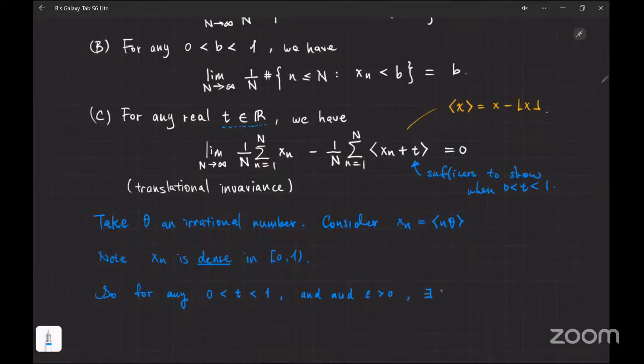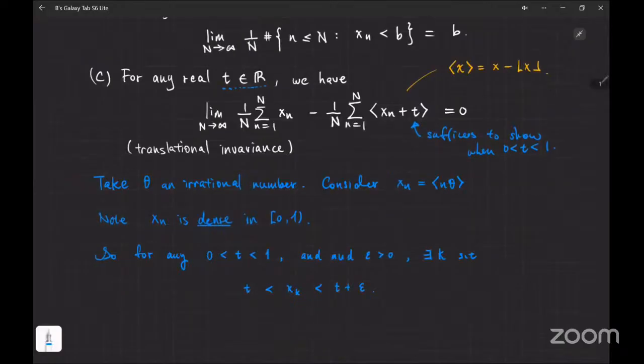We definitely have some k such that xk is between t and t plus epsilon.